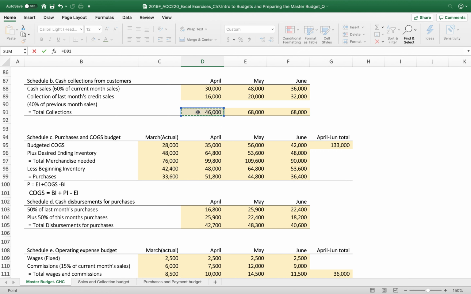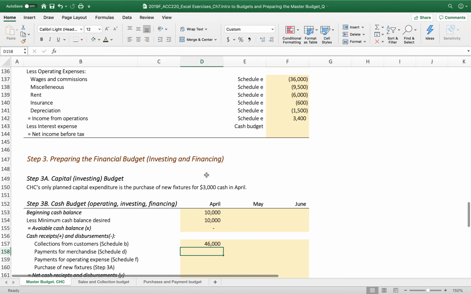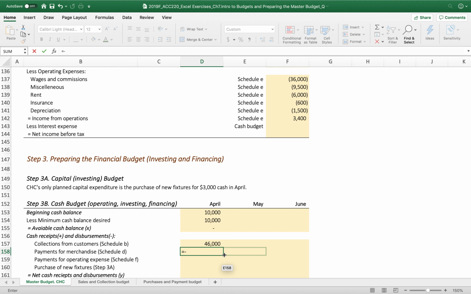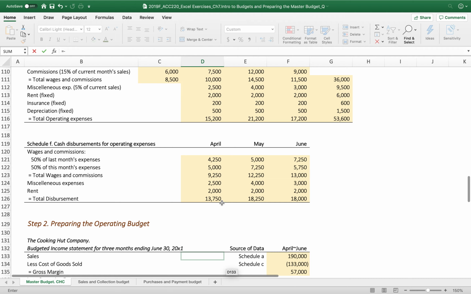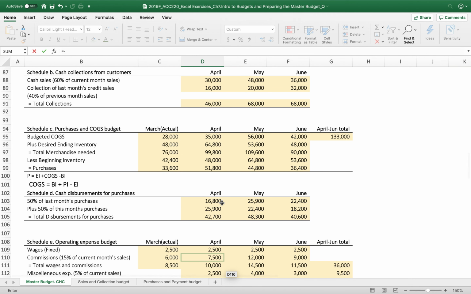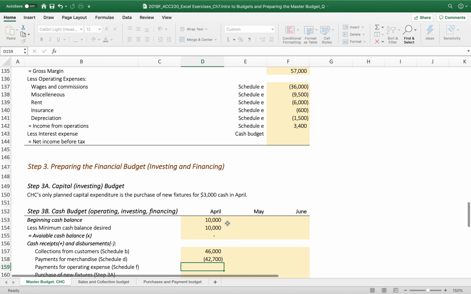Now we use these schedules to create the cash budget statement. And then payments for merchandise. Because this is the cash balance, I'm using a negative sign. On Schedule D, okay, here we go. 42,700 is the cash disbursement for merchandise.